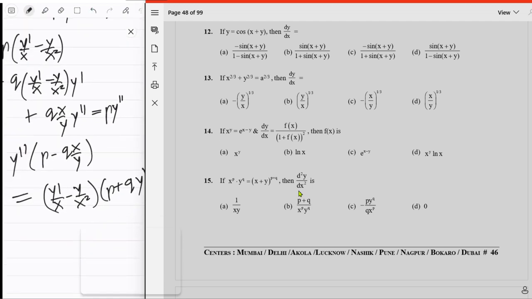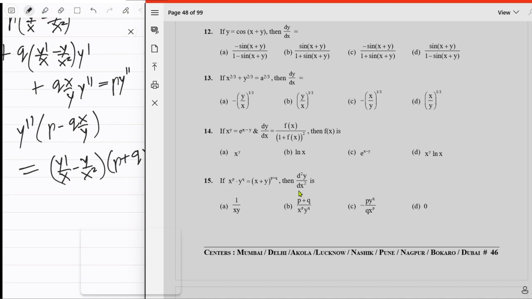Wow, it's getting horrible. And now what? I mean, how did I get this thing out of... No, that's just not looking good. How can you get something like this? How does that make sense? No, this doesn't make sense.